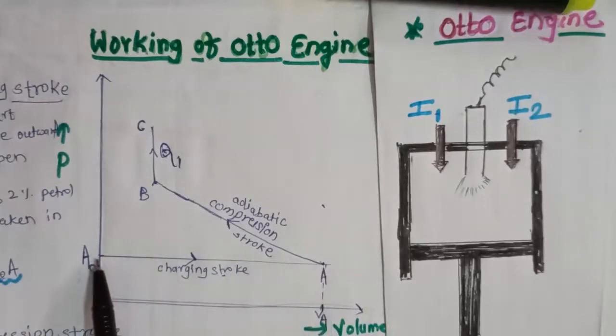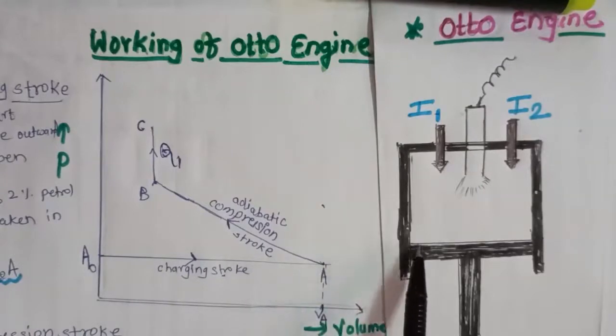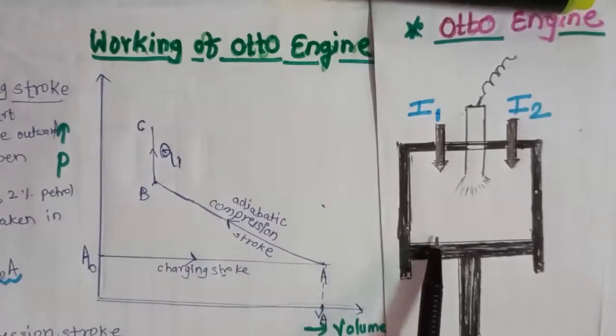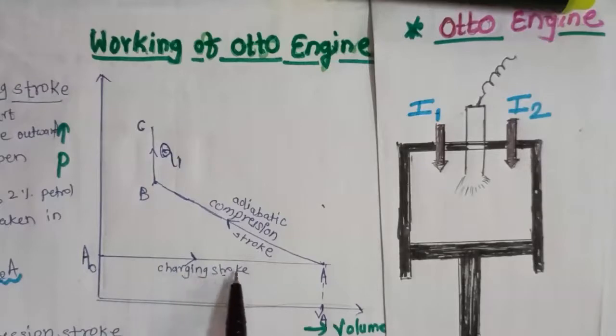Volume increases from 0 to VA. The cylinder gets charged due to the mixture, so the name of the stroke is the charging stroke, and this is the first stage of working.